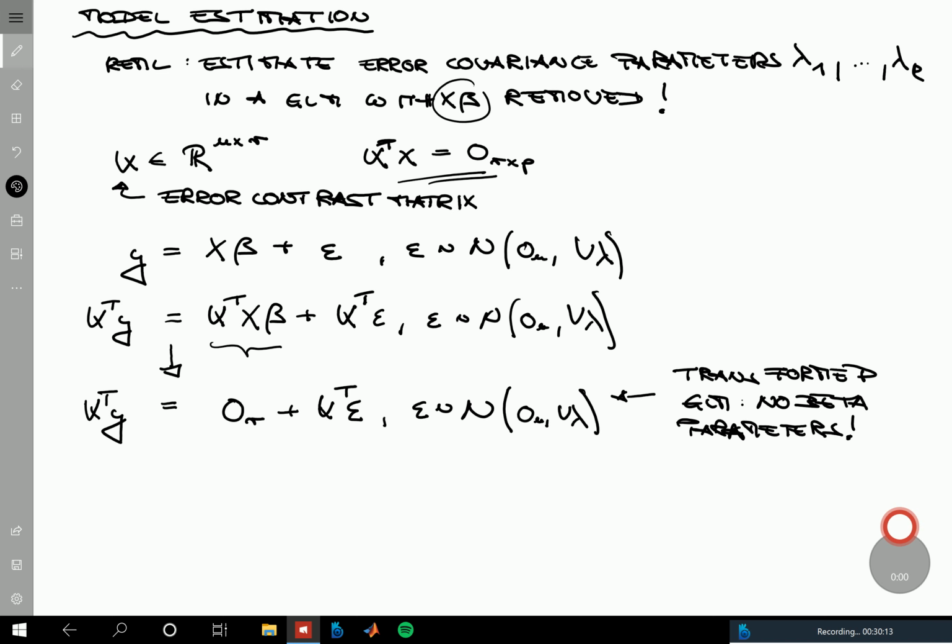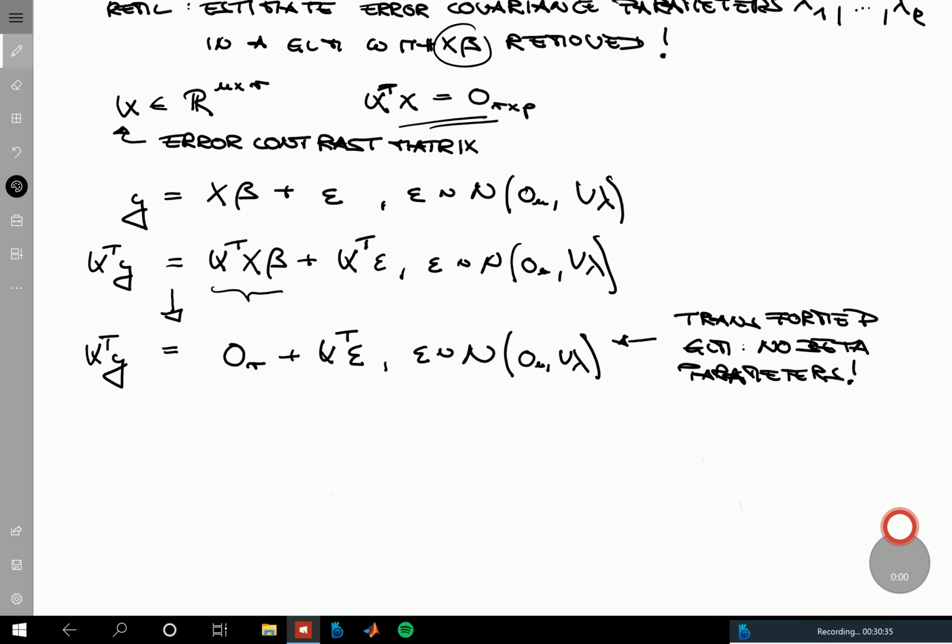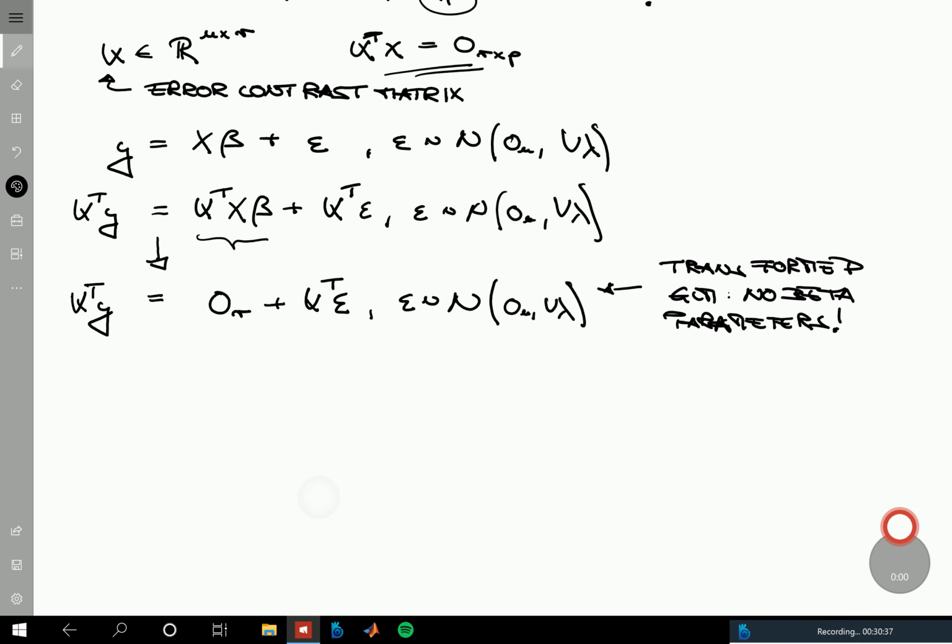So we removed, this is what they always call removing the fixed effects. We remove the deterministic aspect of the GLM. So we now deal with a GLM in which there are no beta parameters. There's just the errors.